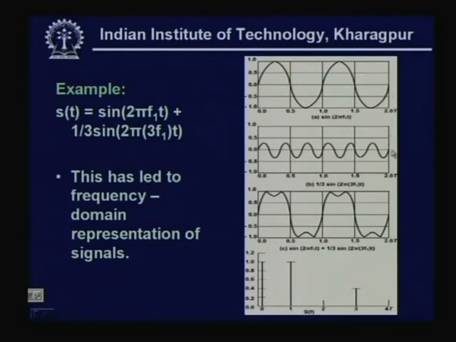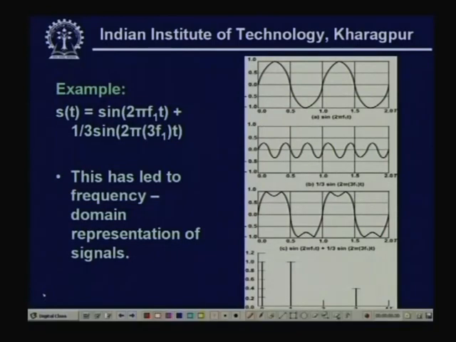Now, if these two are added, that means sine 2 pi f1 t plus 1/3 sine 2 pi 3 f1 t, assuming the phase is 0 for both, then we get a signal like this, as shown.